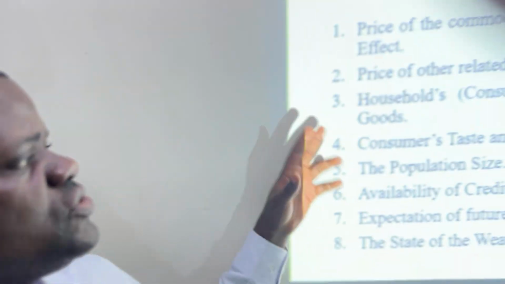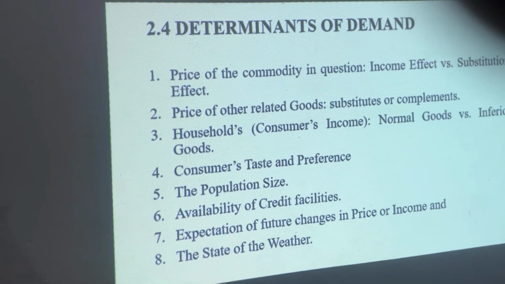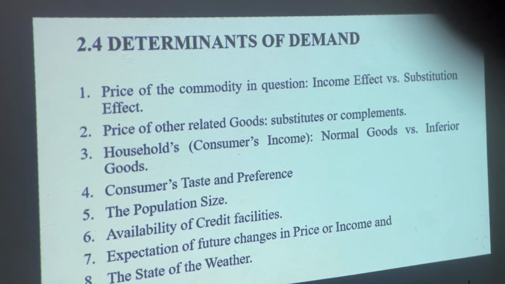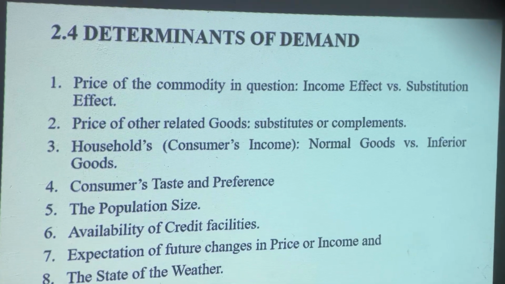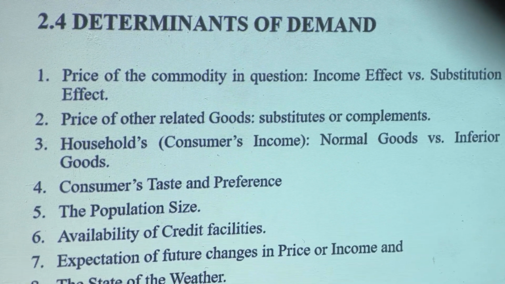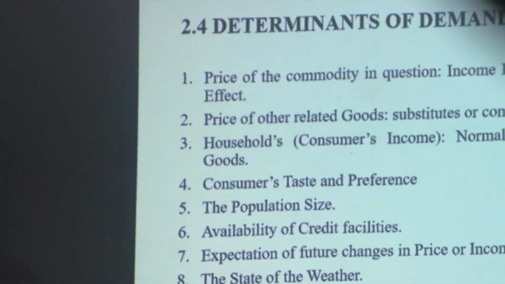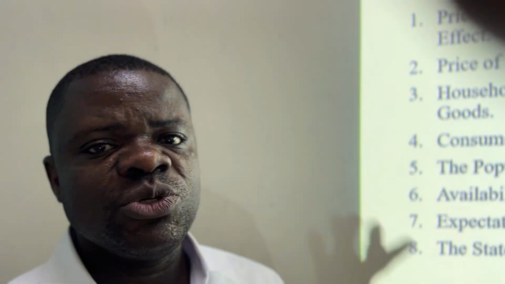The next factor, as you can see, is income of the consumer. In general, when income increases, the consumer demands more. But then, in specific terms, we distinguish between two main classes of goods: normal or superior goods, and then inferior goods.